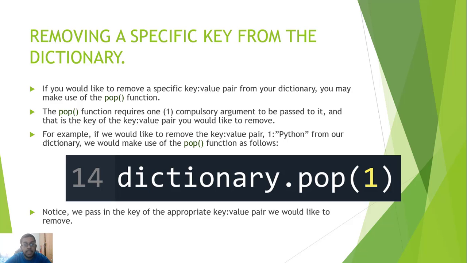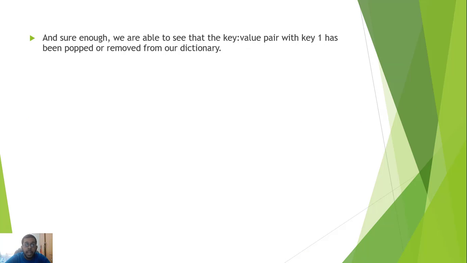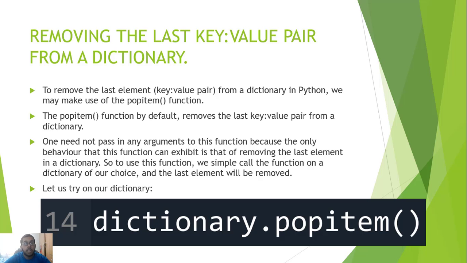Notice we pass in the key of the appropriate key value pair we would like to remove. Next, we may print the contents of our dictionary to see if any change has occurred. Print dictionary. Output will be seen as follows: 2 HTML, 3 Java, 4 Solidity, 5 Ruby. And sure enough, we are able to see that the key value pair with key 1 has been popped or removed from our dictionary.